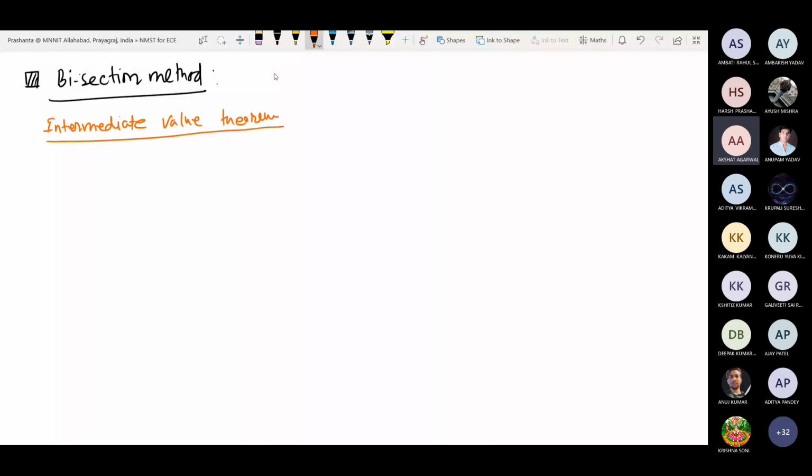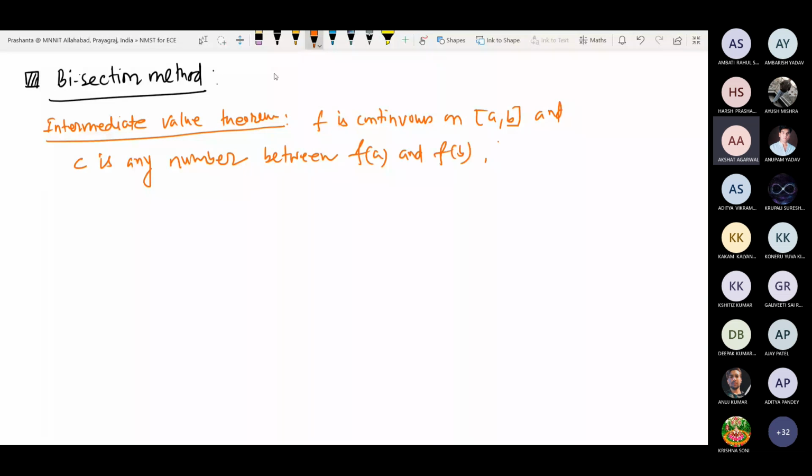It says that if f is a continuous function on the interval a comma b, and c is any number which lies between f of a and f of b, then that value c can be obtained for certain values in the open interval a comma b.